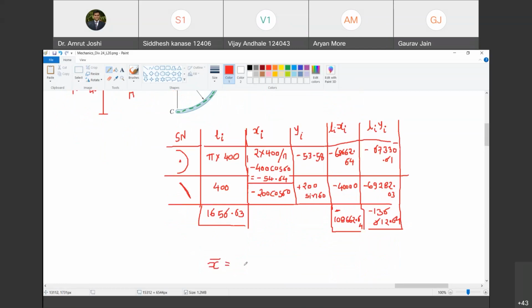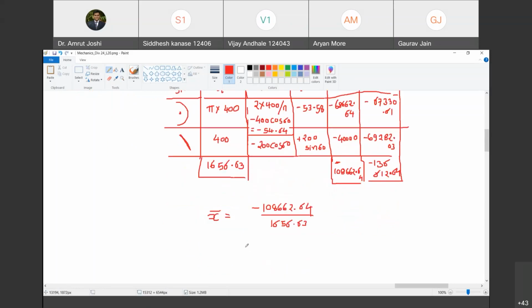X bar is equal to summation Li xi, that is minus 108,662.64 divided by 1656.63. Tell me how much is that? Minus 65.59.